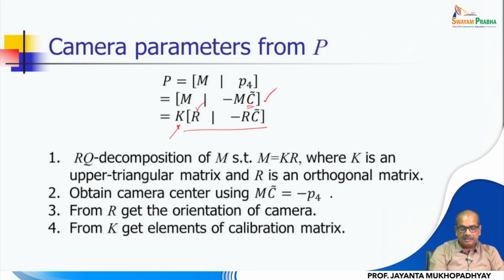So the first thing you can do, since you know the M part and you know M equal to KR, is to do the RQ decomposition, where R is an orthogonal matrix and Q is an upper triangular matrix. So this decomposition is possible. Here in this case K is upper triangular and R is an orthogonal matrix.